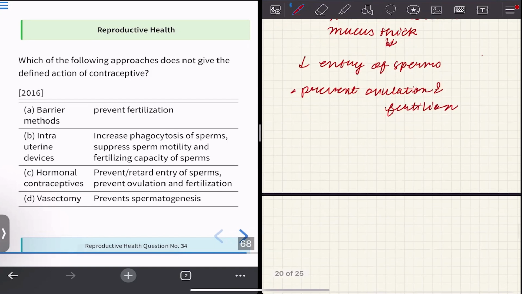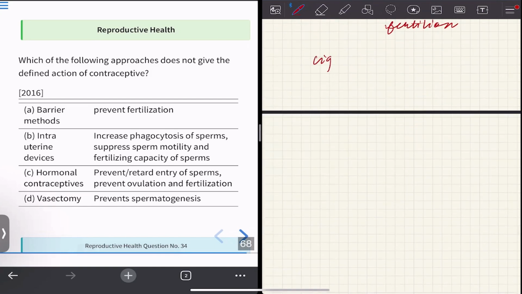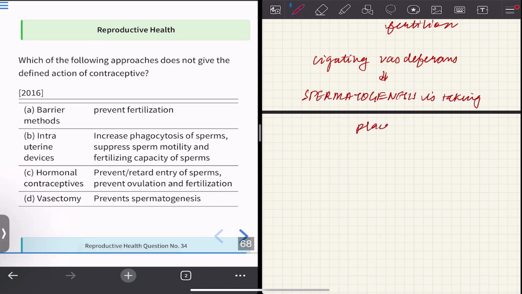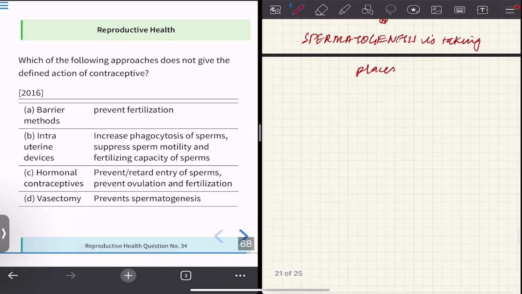Vasectomy is what? We are ligating the vas deferens. So spermatogenesis is actually taking place. The point is there is no release of sperms into the semen. So the semen does not contain any sperm.